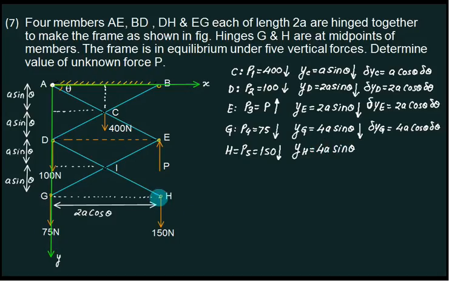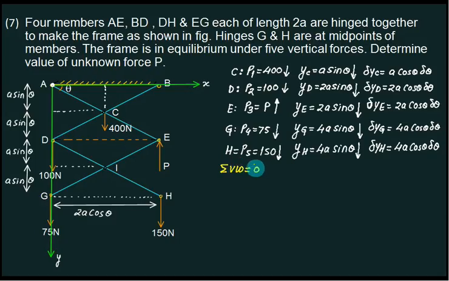Remember, for point H, 2A cos theta is the x coordinate. Whether you require the x coordinate or the y coordinate for this? Y coordinate, because this one and this one are at 90, so it is a passive force. What is the derivative of YH? It is 4A cos theta.